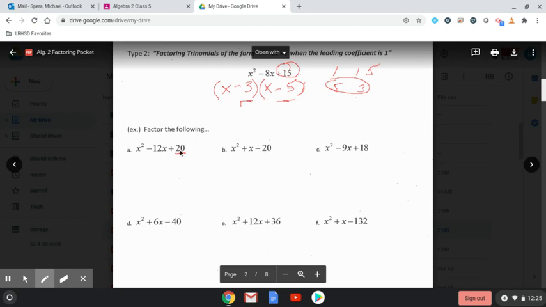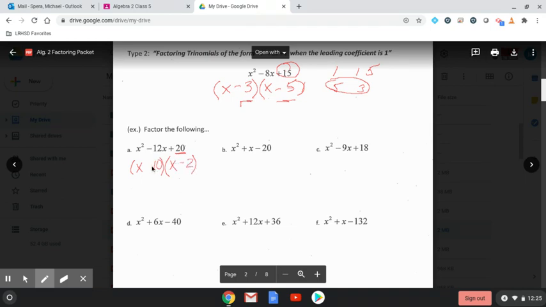Well, of those numbers, which set could somehow give us -12 when we combine them, when we add or subtract them? So again, it's going to be 2 parentheses. And the factors that are going to give me 12 are going to be 10 and 2.